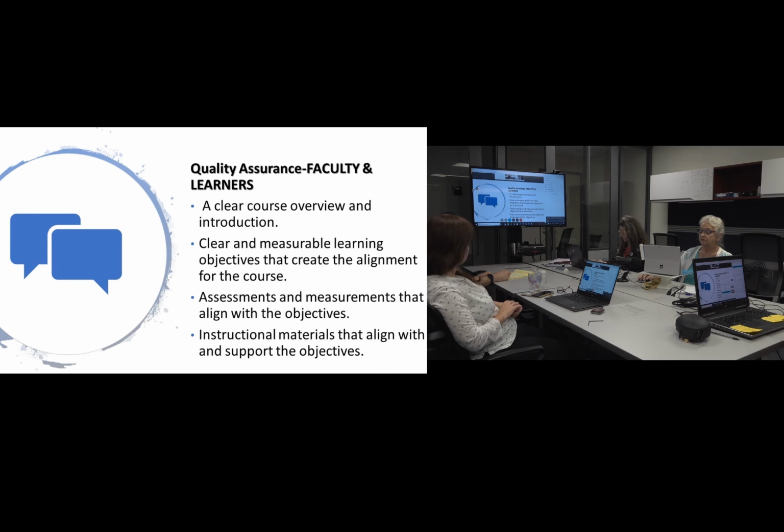So it's very important from the beginning for your students and to go through a QM so you could get that beautiful logo, to have clear and measurable course learning objectives and module learning objectives that support that. Your assessments and measurements have to align with your objectives as well as your instructional materials. And we'll discuss that in more detail in part 2 of this PD.